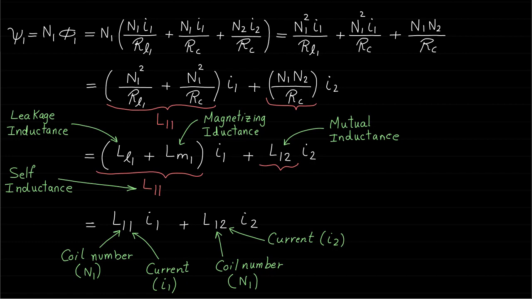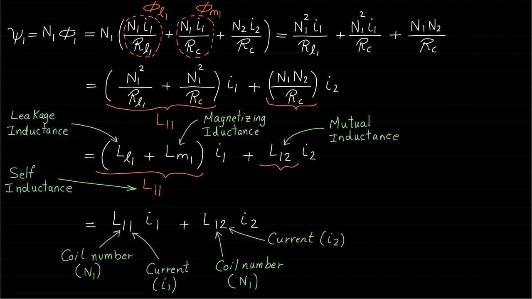As I mentioned earlier, self-inductance is always equal to two components: the leakage inductance LL1 and the magnetizing inductance LM1. These inductances are produced because of the magnetic fields phi L1 and phi M1 that are generated by the current I1.